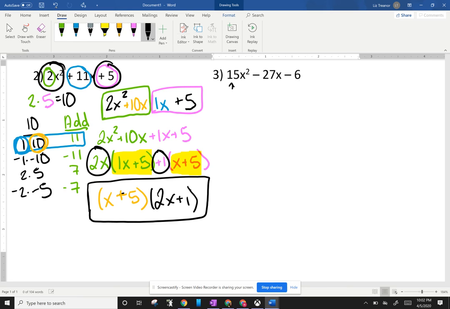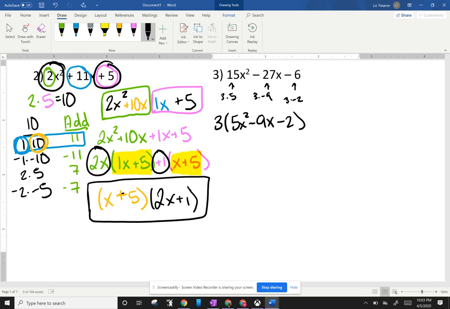In this case, it would be 3 times 5. This would be 3 times negative 9. And this would be 3 times negative 2. So we're going to factor out that 3 and rewrite this as 5x squared minus 9x minus 2.